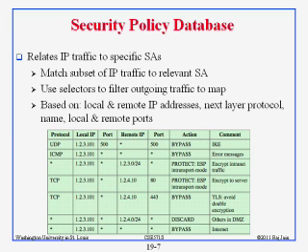The policy database, on the other hand, has things like what protocol is being used, what is the local IP address, port number, remote IP and port, and so on. So this one is used to filter the packets.